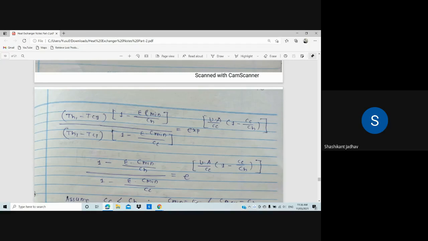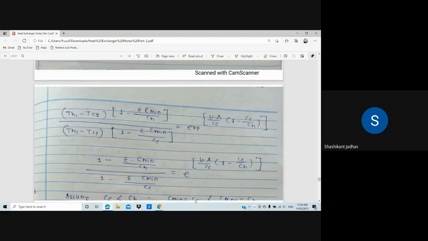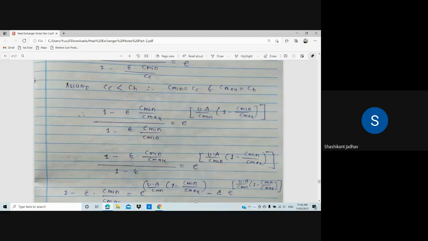Okay. So in the first case, we have to consider or assume Cc is less than Ch. Means what? C minimum is nothing but Cc and C maximum is nothing but Ch. So instead of Cc, we have to put the C minimum, and instead of Ch, we have to put the value as C maximum.